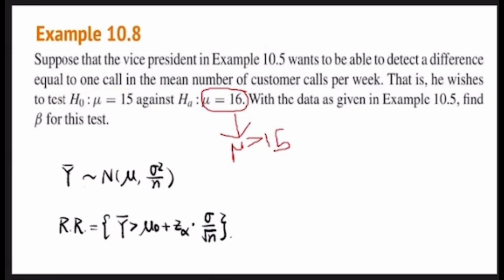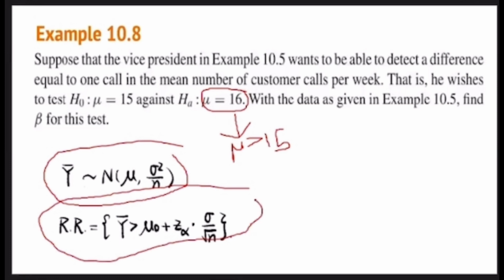The direction of the test is specified by the alternative. The estimator under investigation is Y bar, so my rejection region has a greater than sign. Why do I have a greater than sign? Because of what you have in the alternative. You see the way the rejection region is set up.